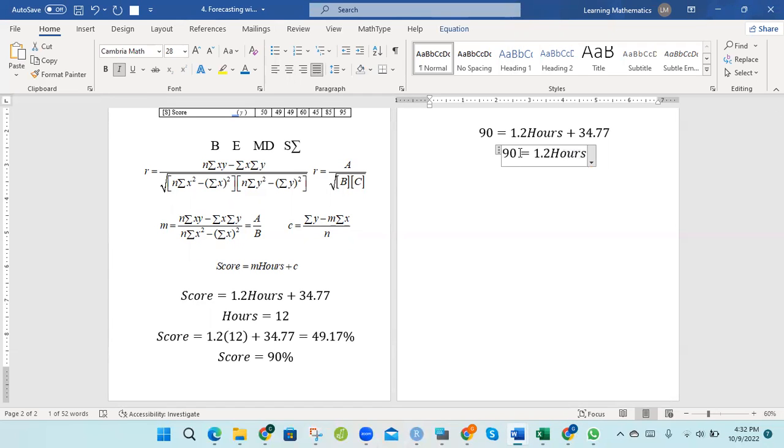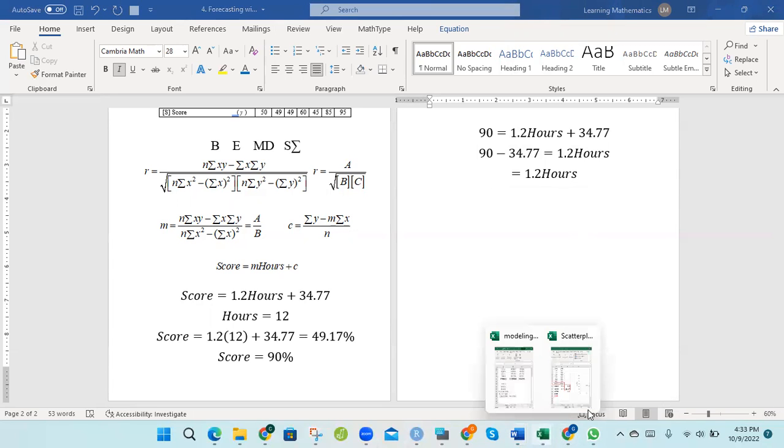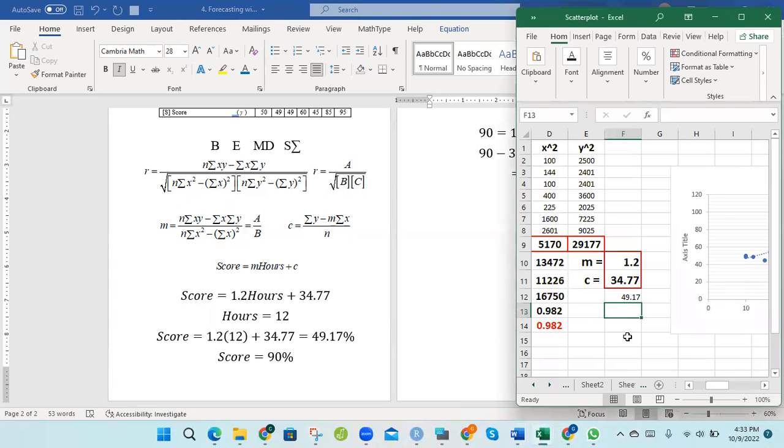So this plus 34.77 becomes a minus. So we're going to calculate 90 minus 34.77. We can do that right here in Excel. Equals 90 minus 34.77.